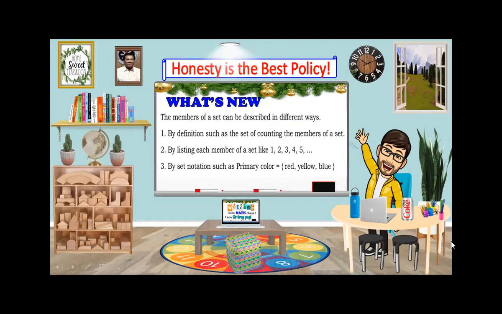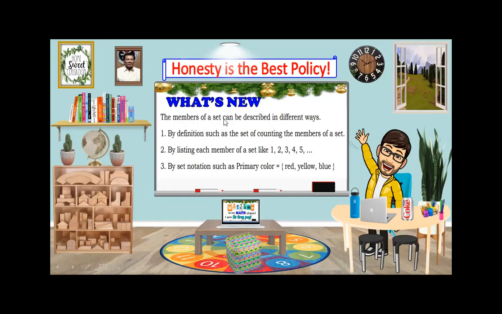So there are different ways of describing a set. Number one, by definition, that is, describing the members of a set. Just like kanina, nakalagay doon the provinces of Region 4A. Yun yung sinasabing by definition. Then number two, by listing each member of the set, like 1, 2, 3, 4. Kapag nilagay na natin as a set, nandun na sa loob inisa-isa natin.